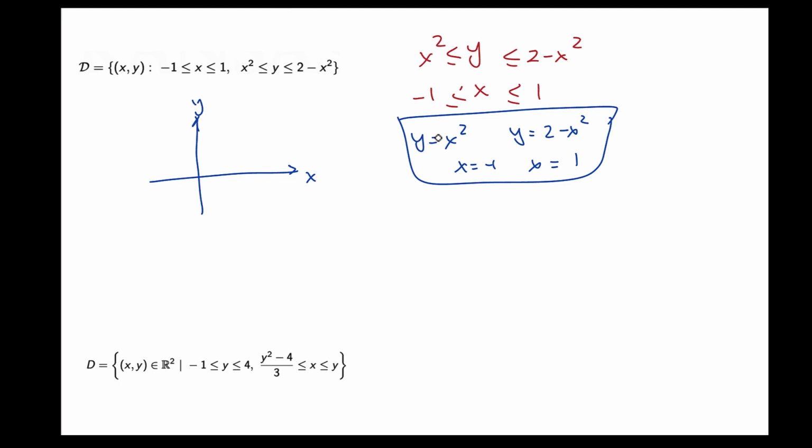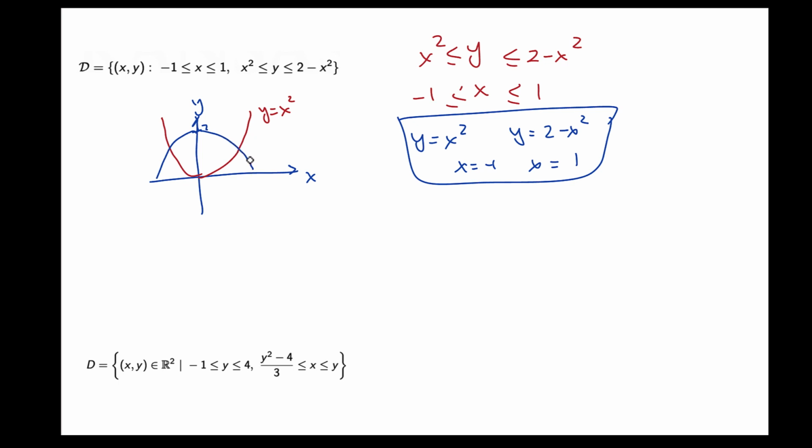Here, y equal to x squared is going to be this one, a parabola going upward. And then y equal to 2 minus x squared is a parabola going downward, starting at 2.